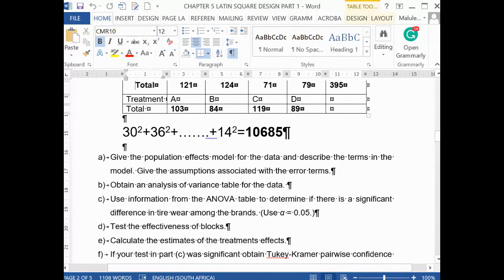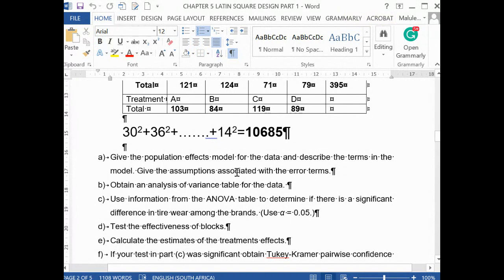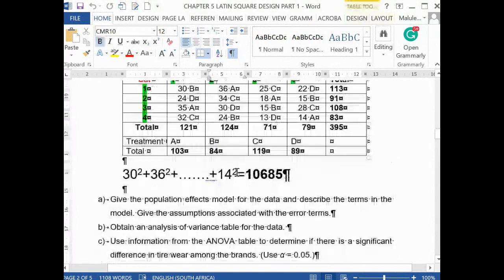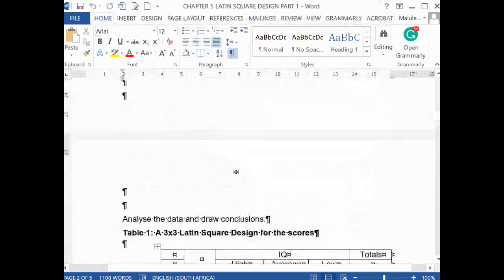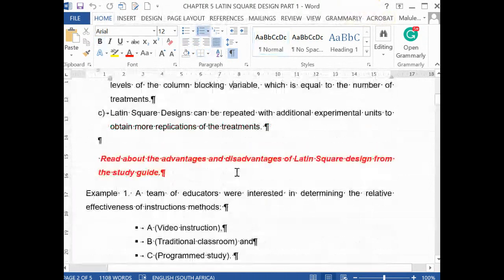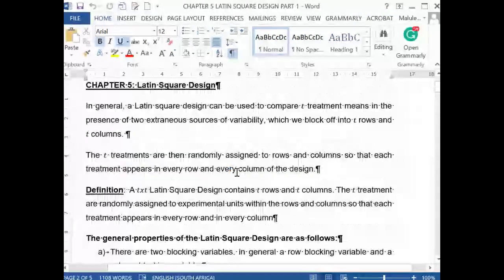So I will need us to recap on what we did last week. I introduced the Latin square design and defined what a Latin square design is. I also spoke about a standard Latin square: how can you tell if a design is a standard Latin square design?